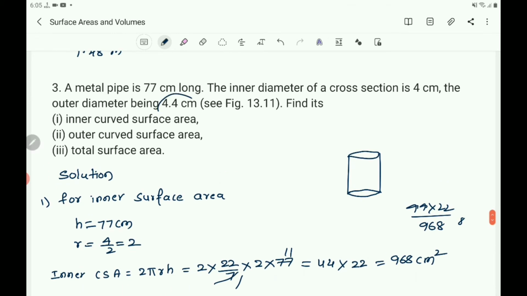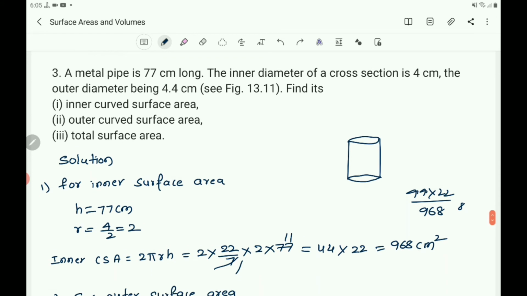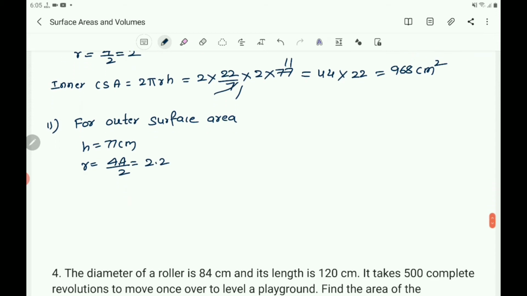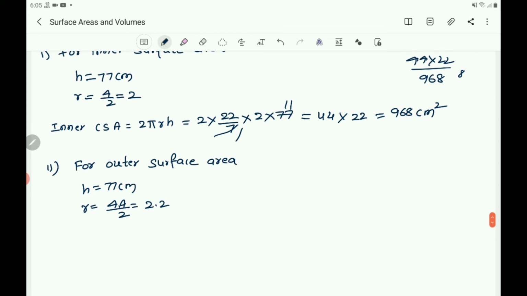Outer diameter is 4.4 centimeter, so r equals 4.4 by 2, that equals 2.2. Then you write outer CSA equals what?